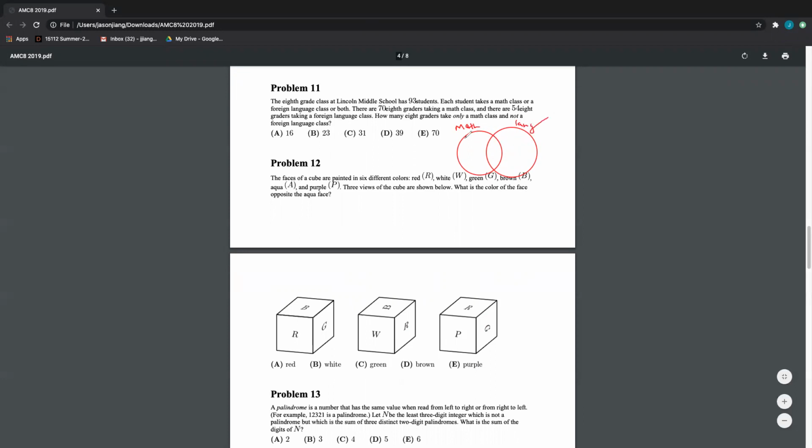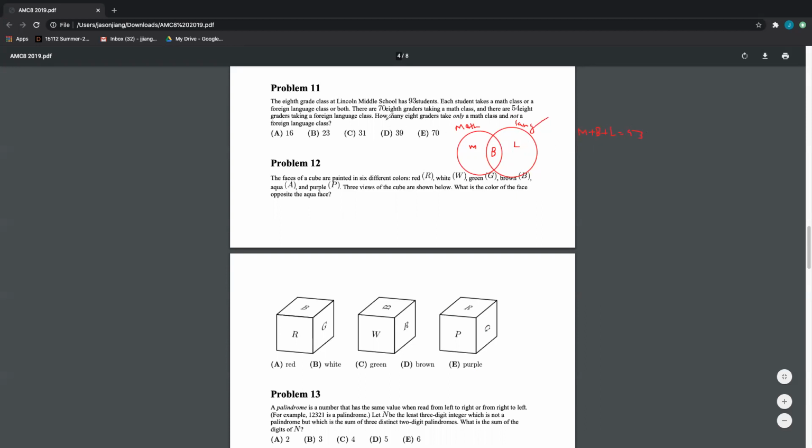We have 93 total students, so let's call this M, call this L, and we'll call this B for both. We know that M plus B plus L is 93.